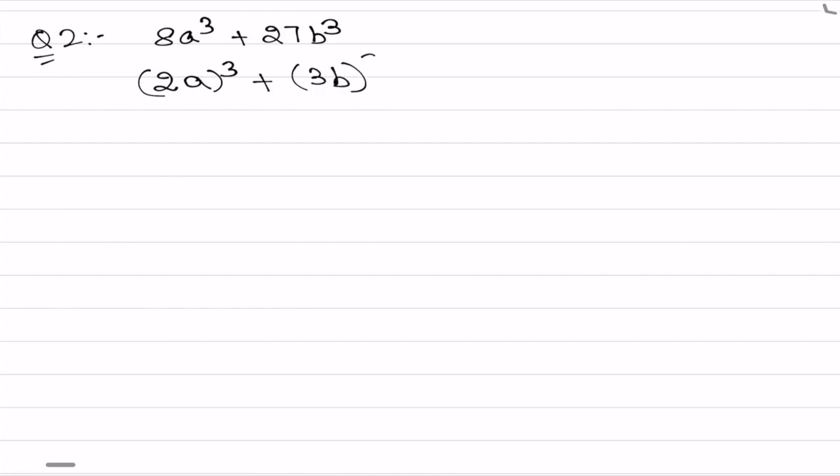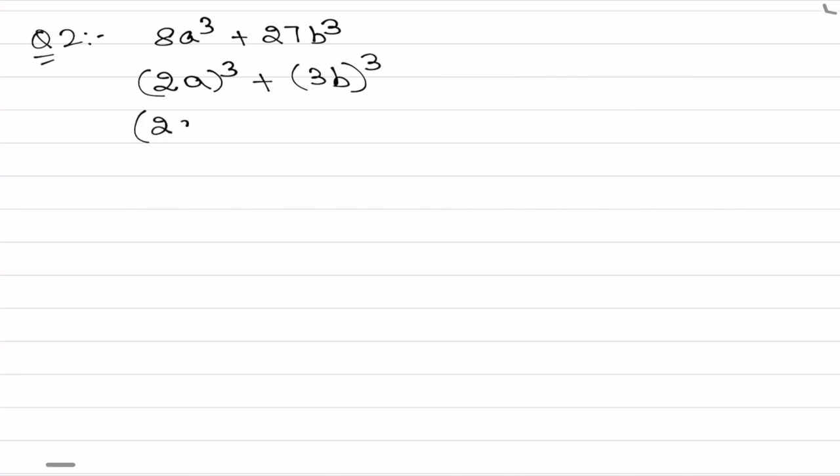First, question number 2: 8a cube plus 27b cube. We know 8 and 27 are both perfect cubes of 2 and 3. So we make it a perfect cube, that is 2a whole cube plus 3b whole cube. Now after making it a perfect cube, we directly use that identity.